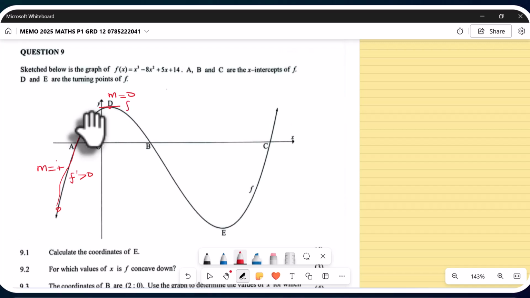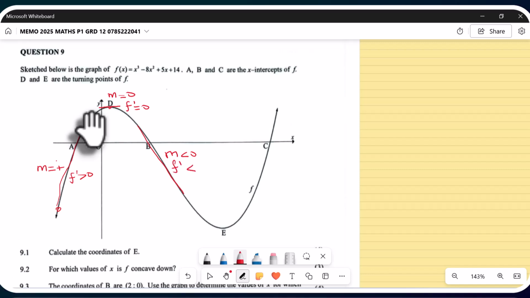So similarly, as you go down like this, our gradient is negative, and so our derivative function is also negative. Are we together?